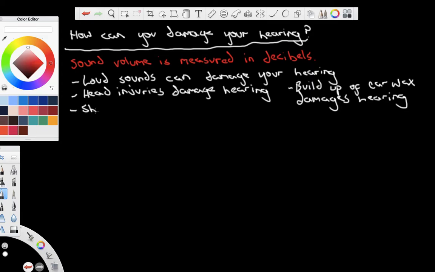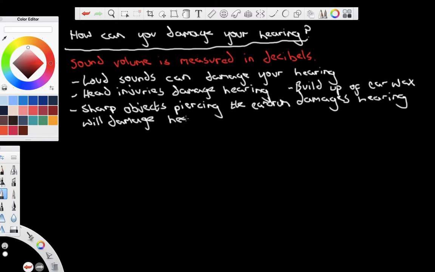So sharp objects piercing the eardrum will damage hearing.